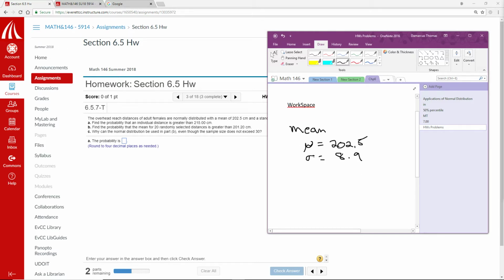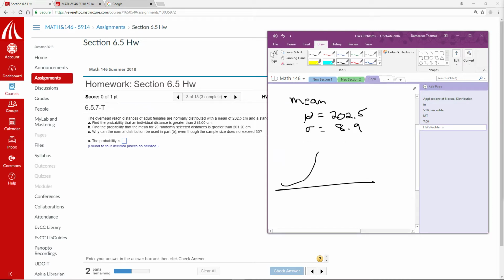And so if it says find the probability that an individual distance is greater than 215, then what we're really talking about, if we have a normal bell-shaped curve and the mean is in the middle, is the probability of getting a distance greater than 215. Well, 215 is around here somewhere, at the bottom, right?